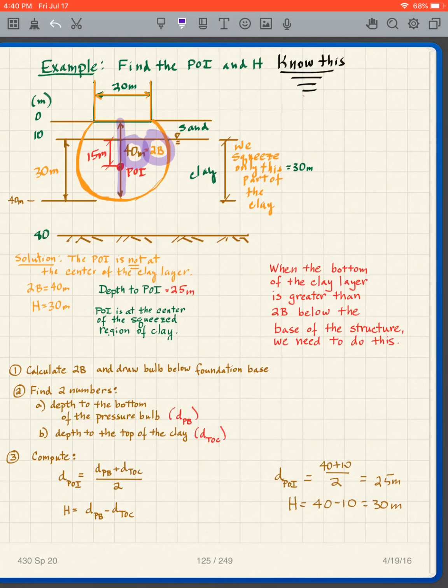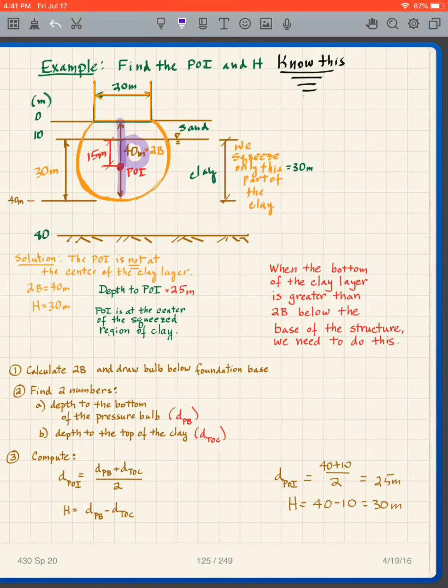And so what does that mean? Well, that means that I'm down here at 40 meters, and the soil in this region does not feel the structure. So it doesn't compress, it doesn't get squeezed, nothing happens to it, so we don't include it in our calculation.